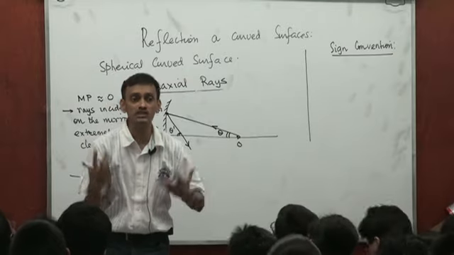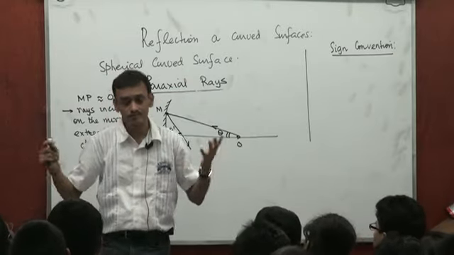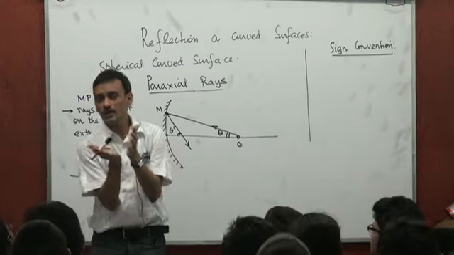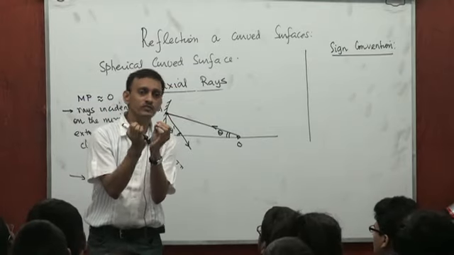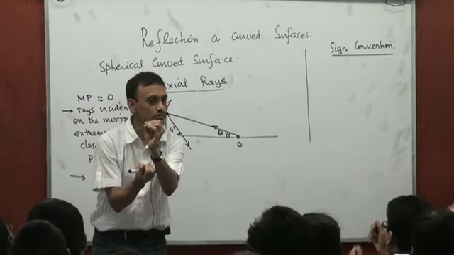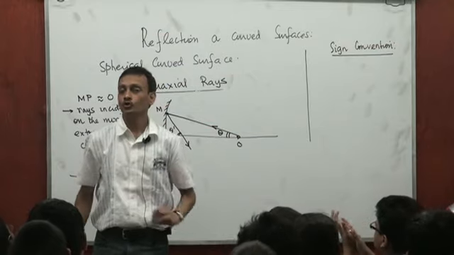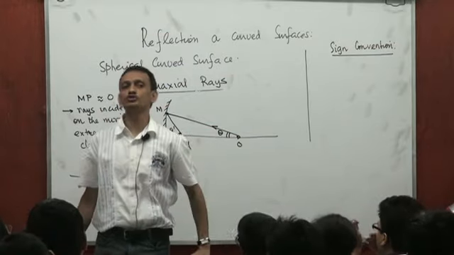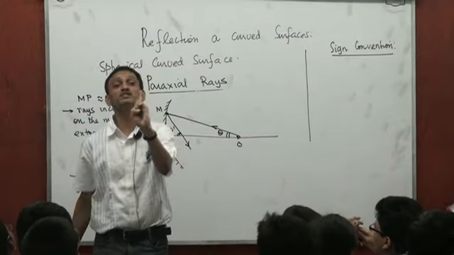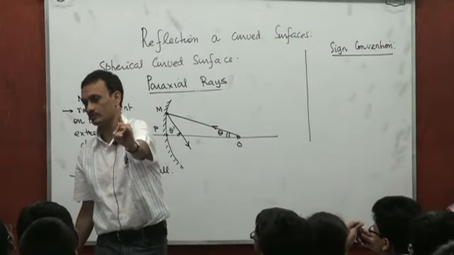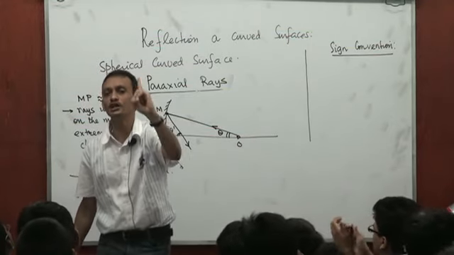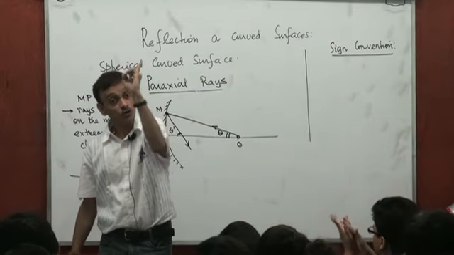So we need a reference for location of the object, image, etc. To be able to locate the object and image, we would need an origin or a reference point. The most suitable choice of the reference point from where distances are measured is the pole of the mirror. So all distances would be measured with respect to the pole of the mirror.